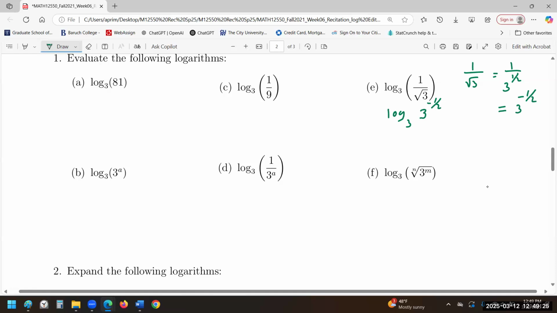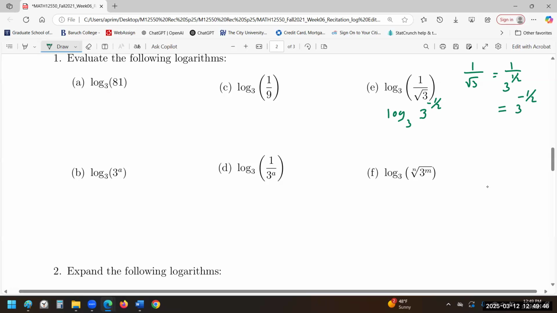You may wonder why I did that. Well, I did that because, to simplify your log, we want the base and the argument to have the same number. If you have the same number, you can move forward. Otherwise, you get stuck. So you have two choices.